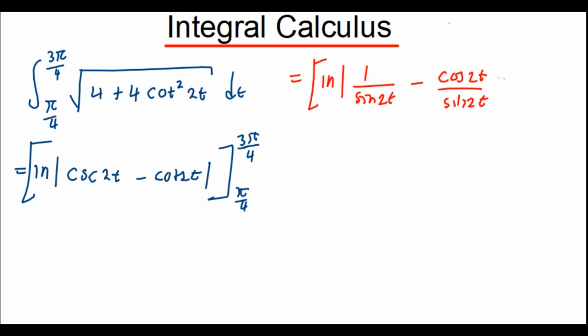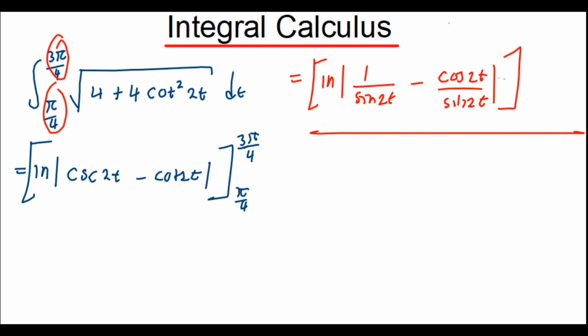And you go ahead and evaluate. It's simply because when I substitute for t, it's much more convenient to use sine as well as cos instead of cosec and cot. And from there you can go ahead and find your solution.